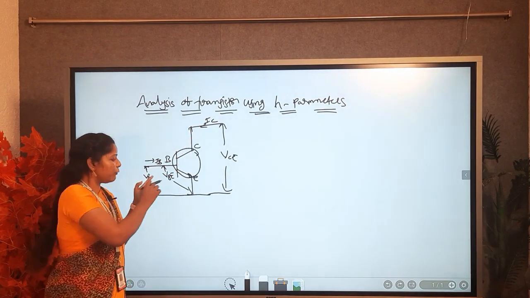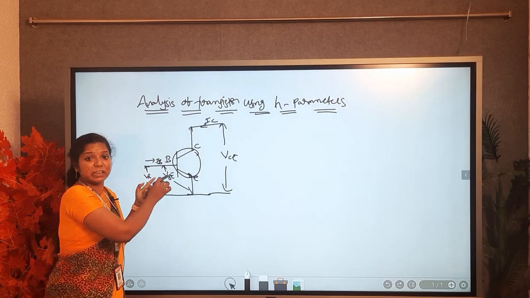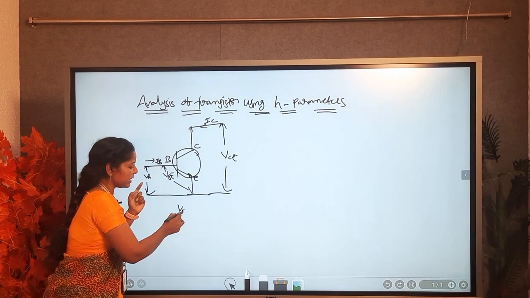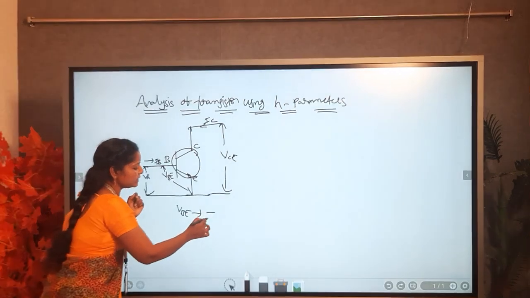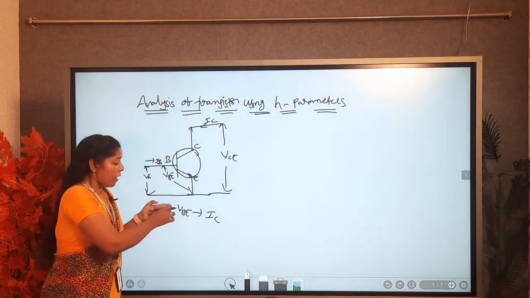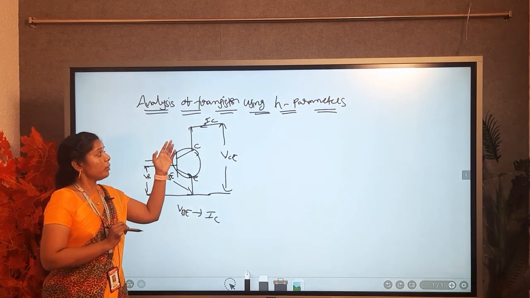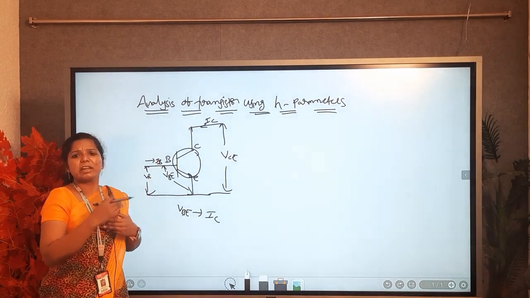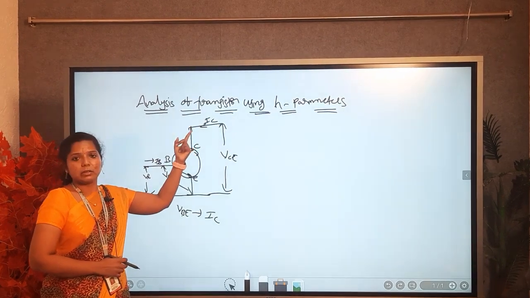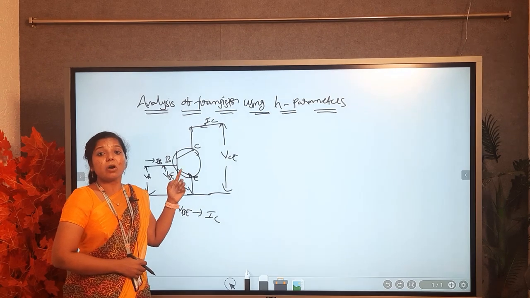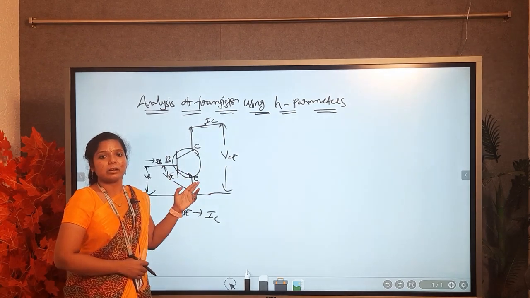That means if VBE changes, that is the input voltage between the emitter and base, then IC also changes. So VBE affects the IC. So there is a continuous variation in the collector current. Because of that, there is non-linearity in the transistor.